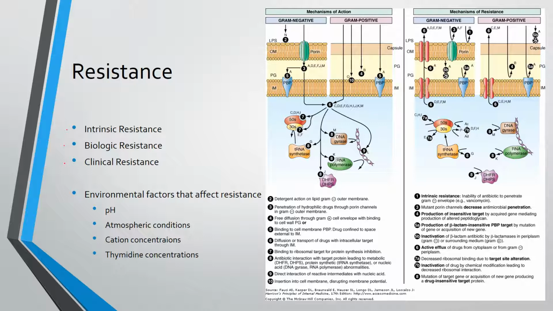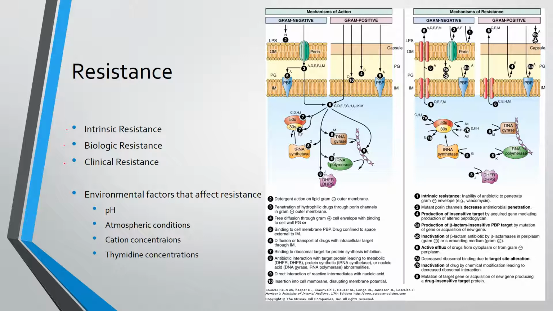So aminoglycosides, I talked about that. We're seeing we need higher and higher dosages of aminoglycosides to work against bugs like Enterococcus, which are developing these high-level resistances to that particular drug.